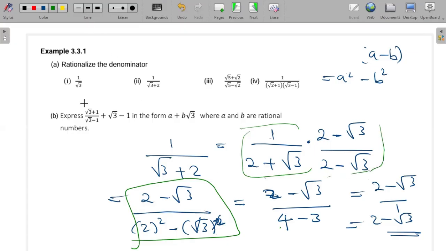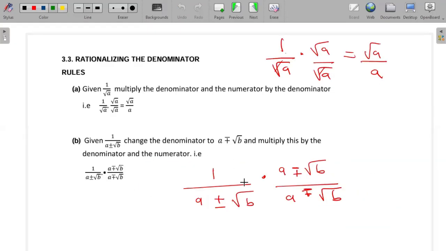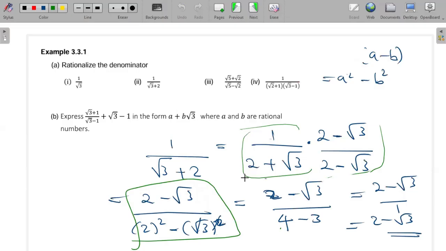Yes. Okay, so based on the rule we just had, if we are going to rationalize the denominator, we must multiply both the numerator and the denominator by the conjugate. Our question is just 1 over 2 plus root 3. What changes in the conjugate is the sign, which becomes negative.